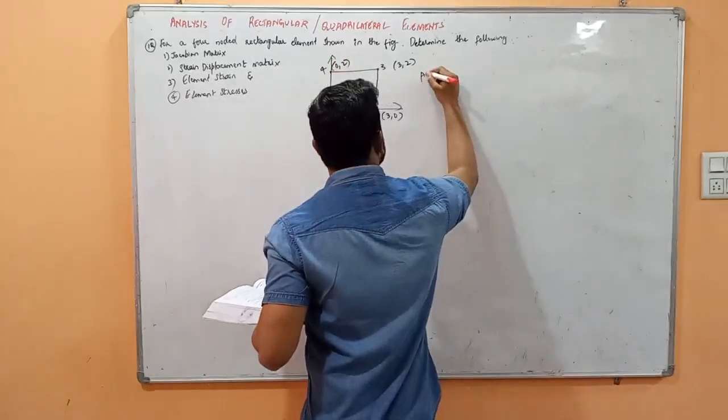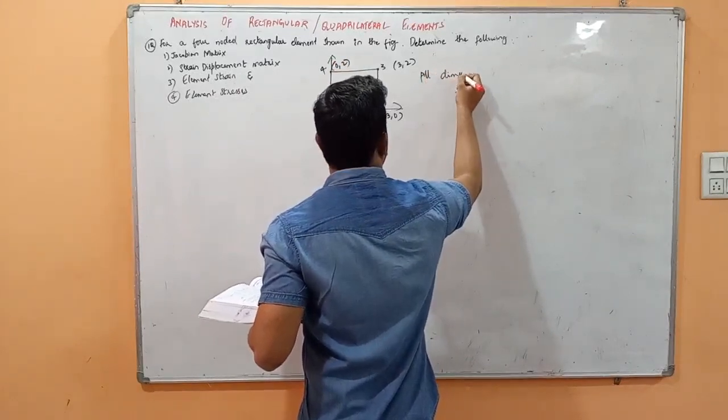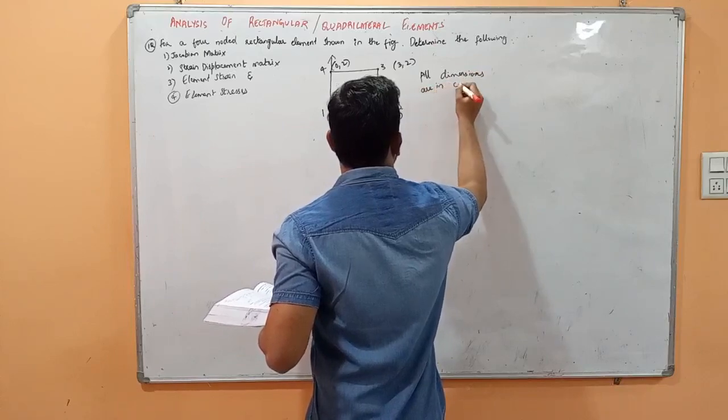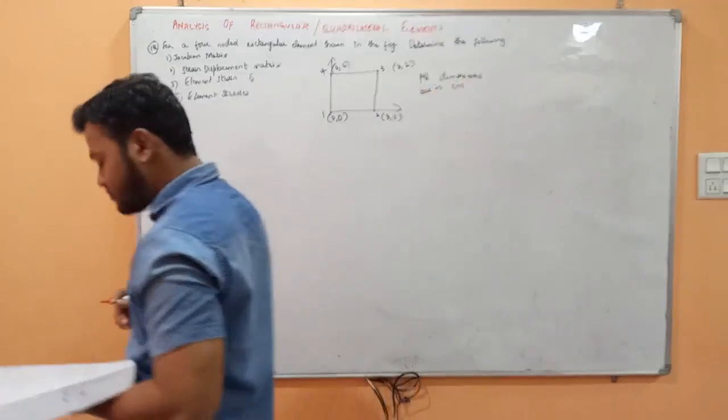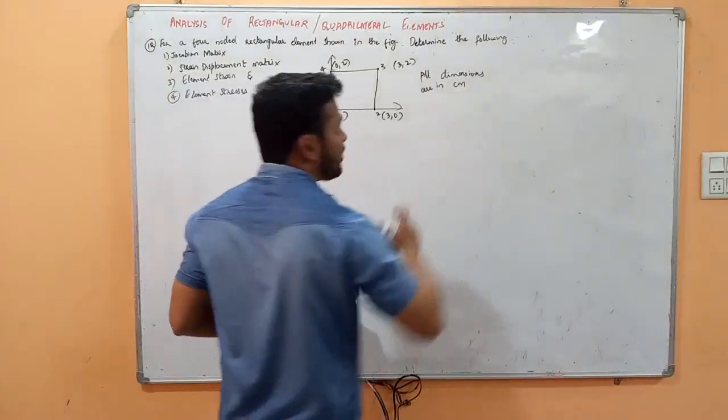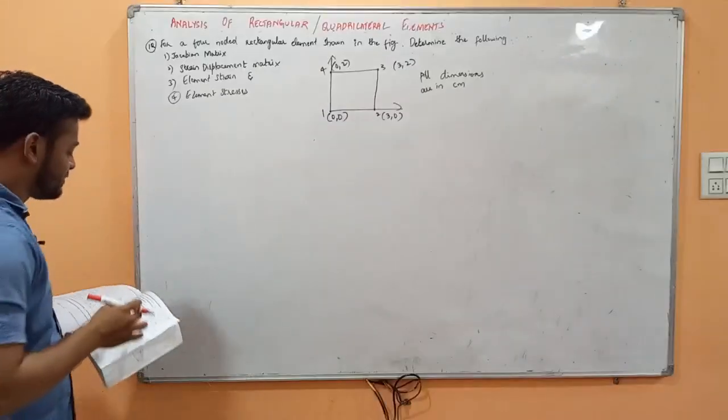All dimensions are in centimeter, not millimeter. So till now we have been solving problems in millimeter, and now we have got centimeter, and I will show you how to convert everything in terms of centimeters.